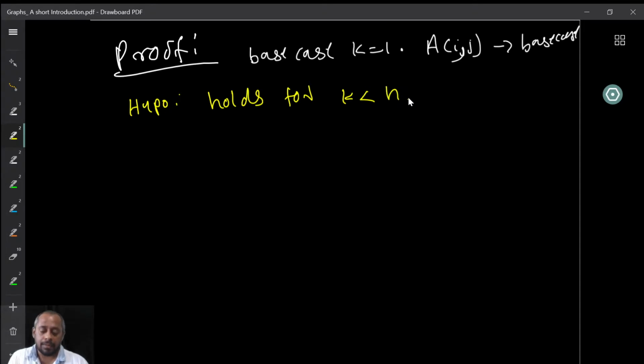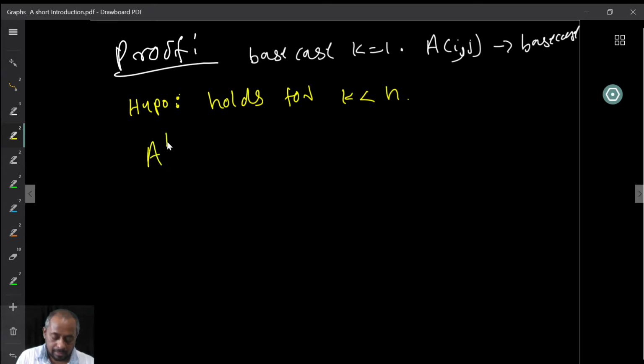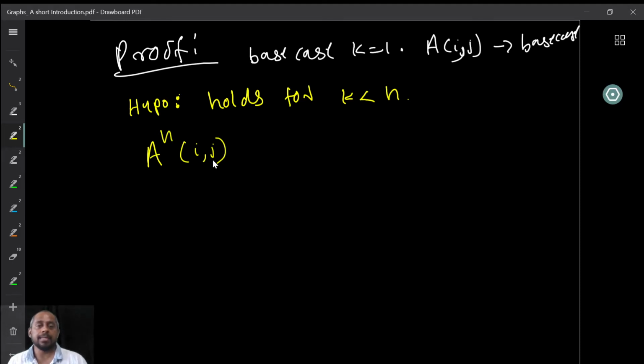Now if you take A raised to n of ij, we want to show that A raised to n of ij is precisely the number of walks of length n from i to j. Once we do this, we have the result by induction.